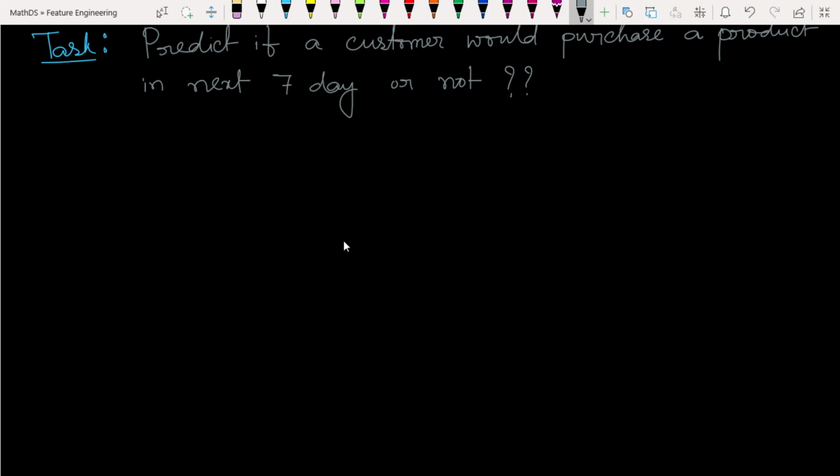First, if you try to convert these sentences into the language of machine learning, then this is the task. We are given a customer ID, and as well a product ID.